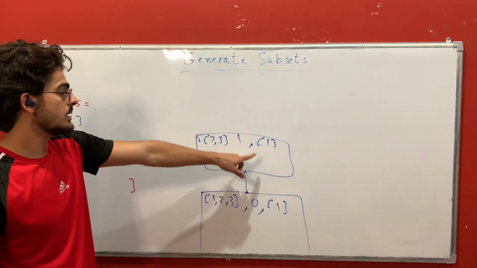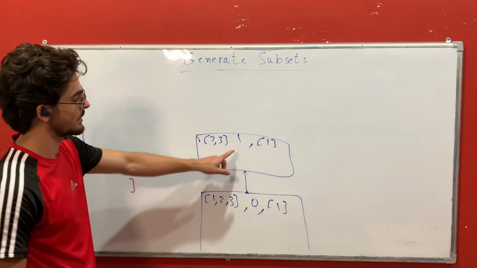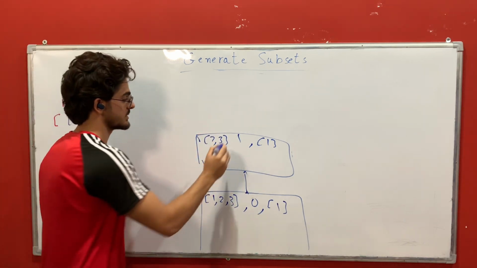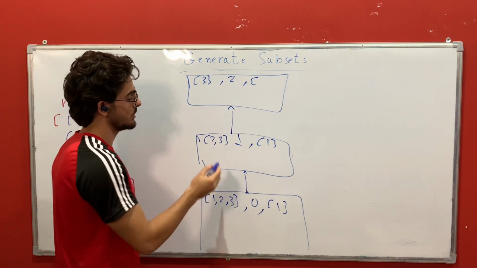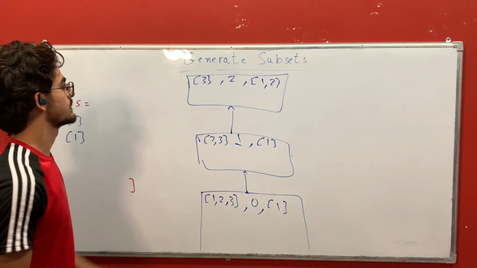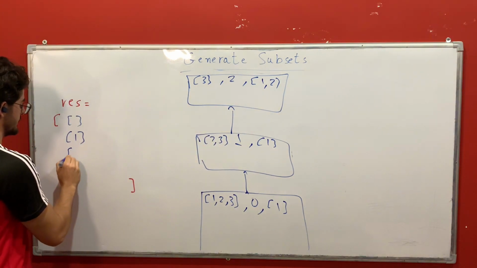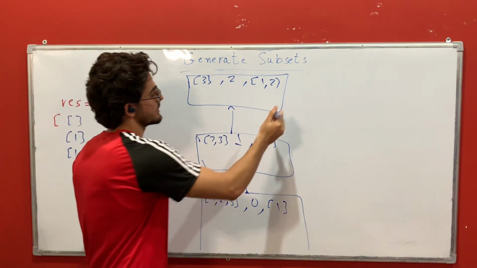Then here it will first add this to the result and call another recursive call. It will add now 1 and 2. It will print it. Now it will call another recursive call.